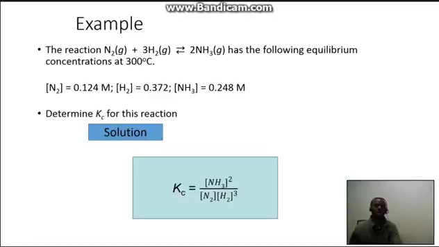So how do we approach this problem? The first thing you need to do is to write down the Kc expression for that. And as we have seen previously, Kc is given by the concentration of ammonia squared over the concentration of nitrogen times the concentration of hydrogen to the power 3.